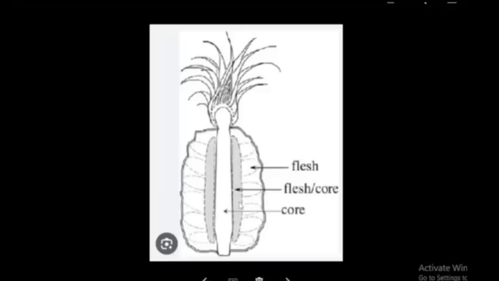So this is the labeled diagram of that crop. When you cut it longitudinally, in the middle here we will have what is called the core, and close to the core we have a fleshy part that is eaten. On the top here we have some of the leaves of that particular plant.